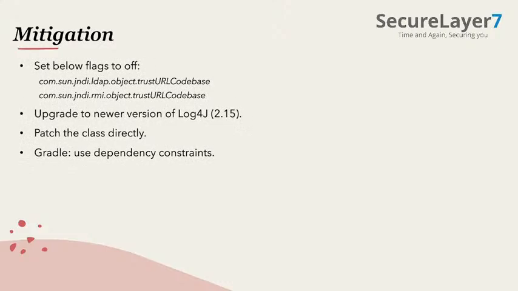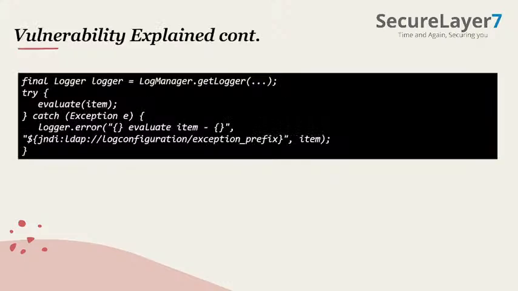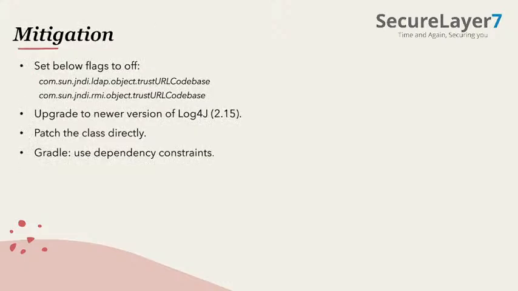So we will discuss mitigation for this Log4Shell vulnerability, okay? The very first thing is you can turn off the flags for both jndi.ldap.object.trust.url code base and jndi.rmi.